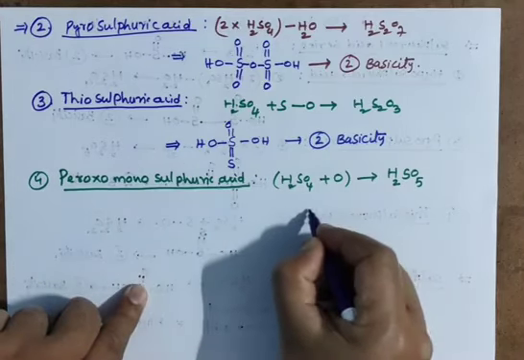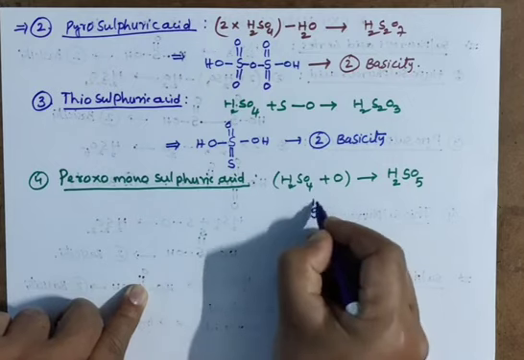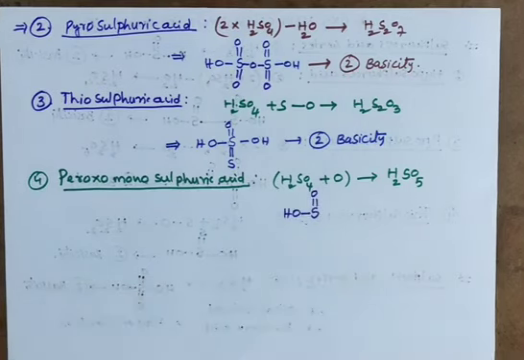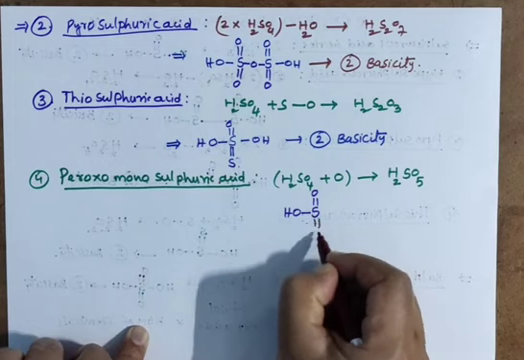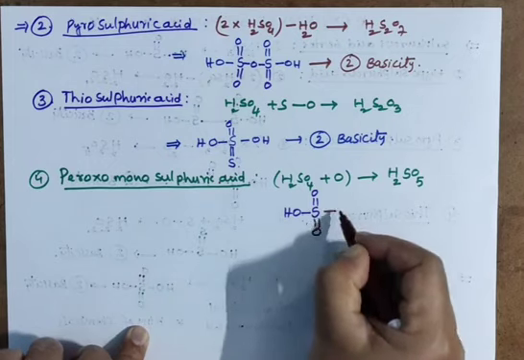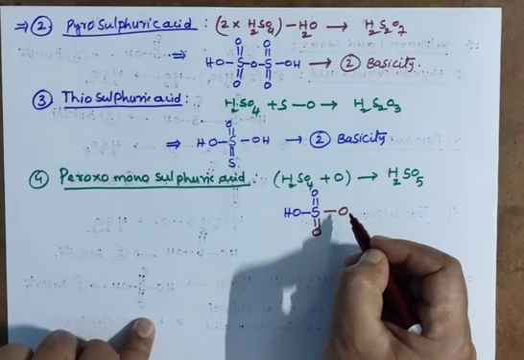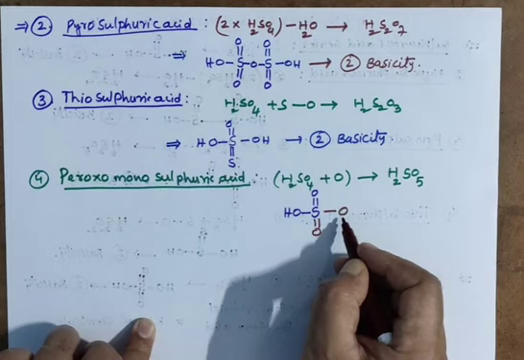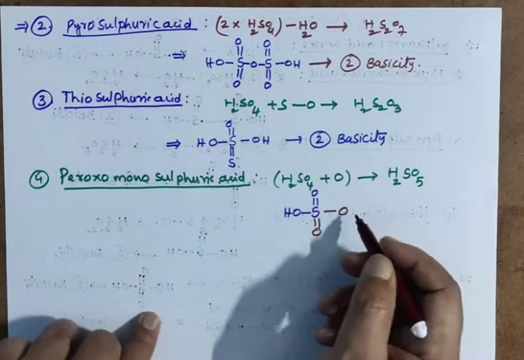One sulfur only, one central atom, double bond O, and here one OH group, basic unit. 5 oxygens, so you can add one more oxygen, and another oxygen. Total 1, 2, 3, 4 oxygens we have.